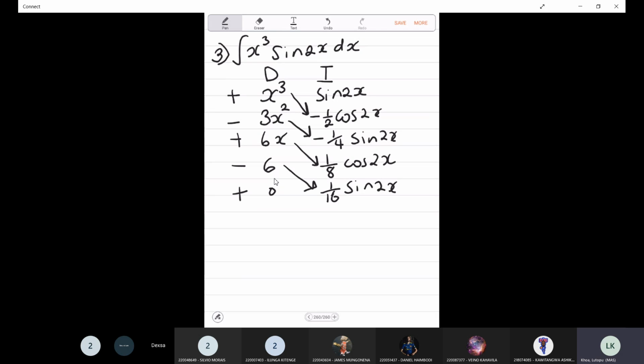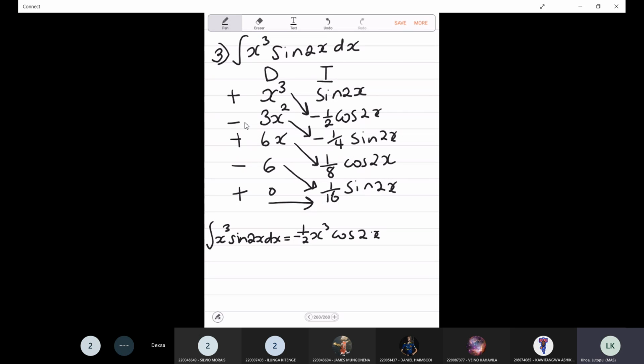And then the last integral is the product on our last row. So the integral of x to the power of 3 sine 2x dx. This is negative a half x cubed cos 2x.